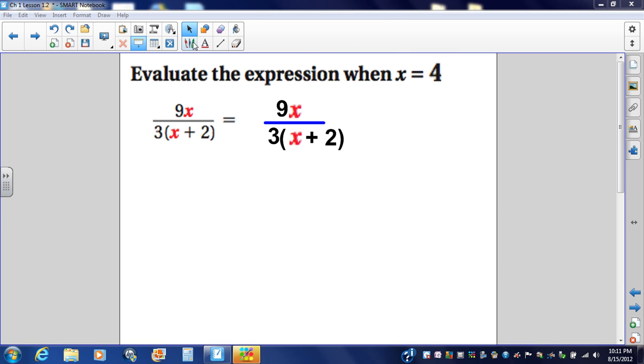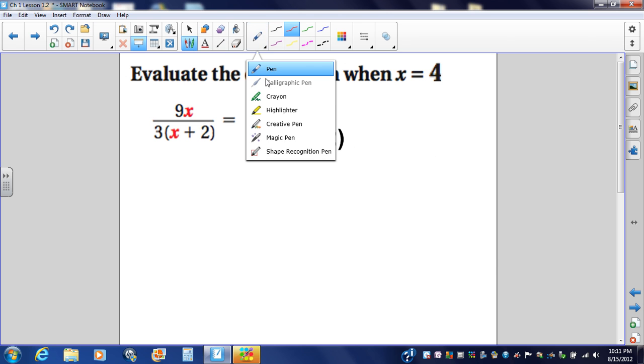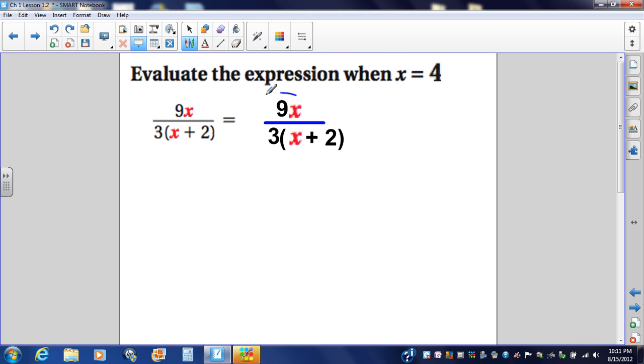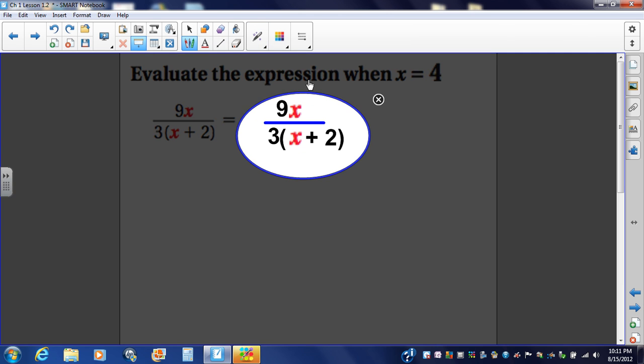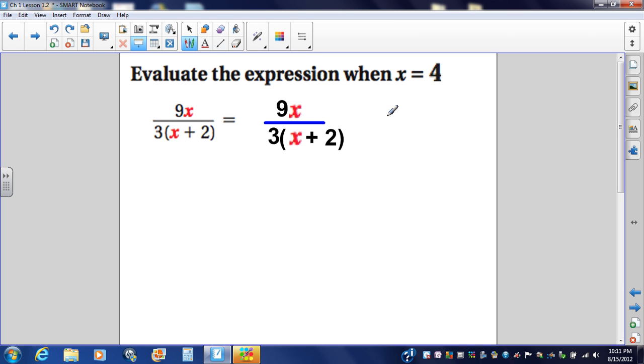Alrighty guys, last problem. Please copy the expression 9x over 3 times the quantity x plus 2. Please copy that expression. The first thing I notice is that the 9 and the x are touching each other.